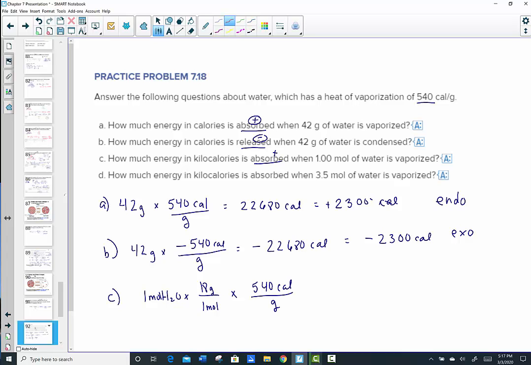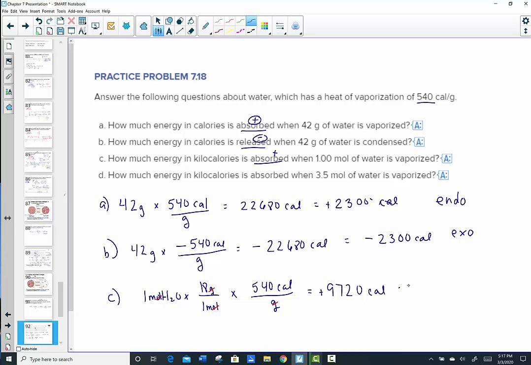So see what we've done? Moles canceled, grams canceled. We did a mole map conversion right in the middle there. 18 grams times 540 shows us 9720 endothermic calories.